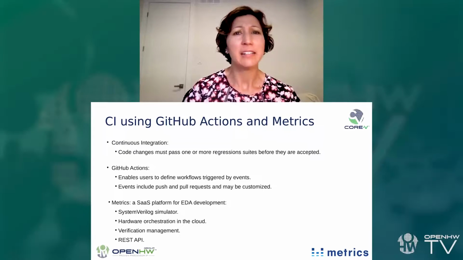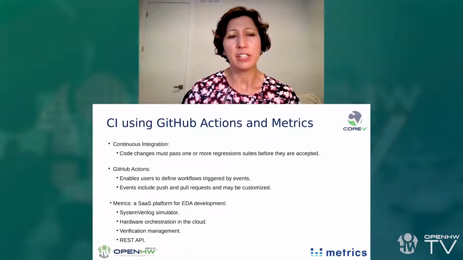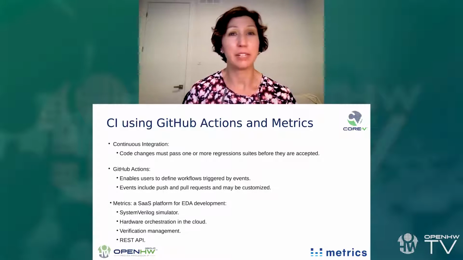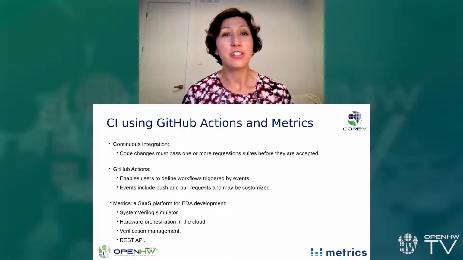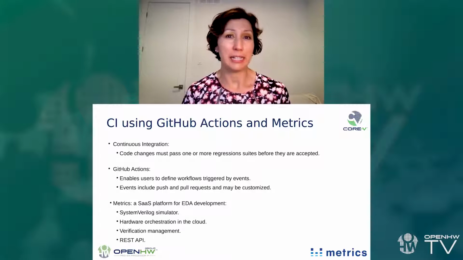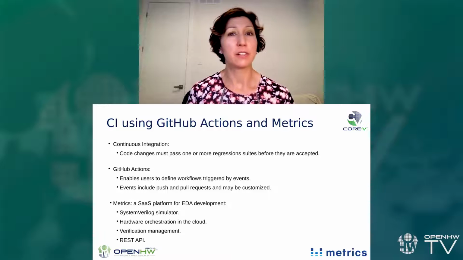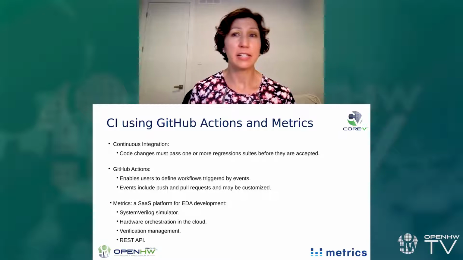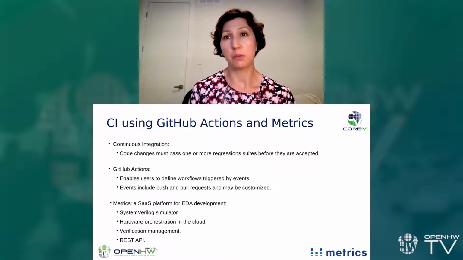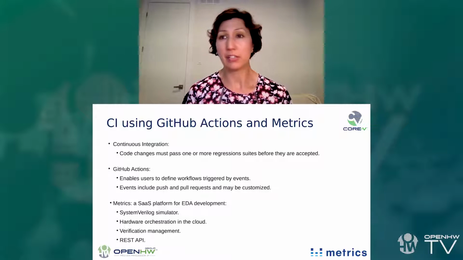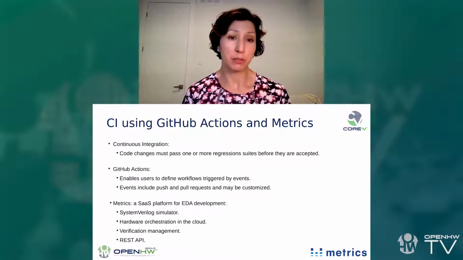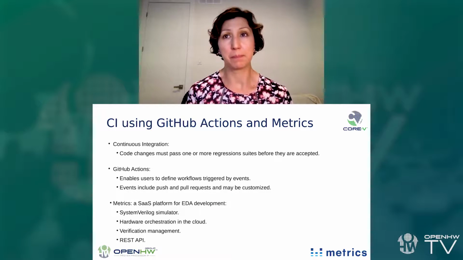The act of running this regression is achieved using a combination of GitHub Actions and tools provided by Metrics. Actions are a facility provided by GitHub. They enable users to define workflows that are triggered by events. Workflows are specified using YAML files, and they're highly configurable. A more complex CI example is a case where the master branch is being updated and several regression suites are launched in parallel.